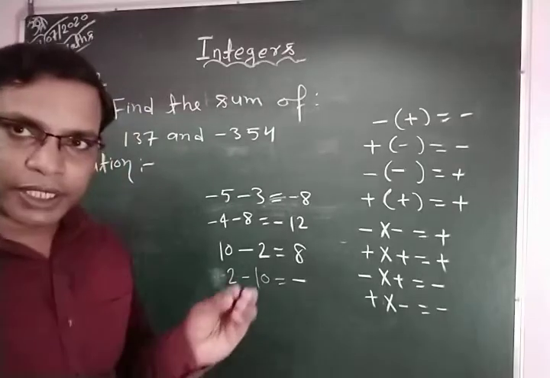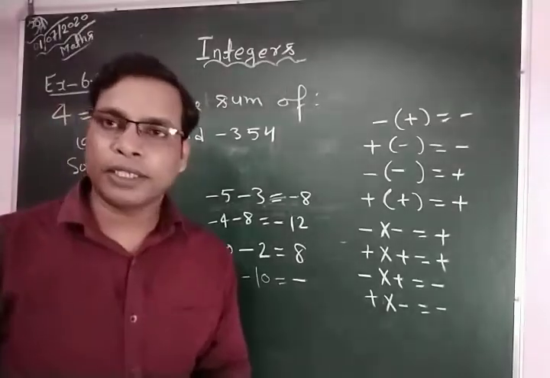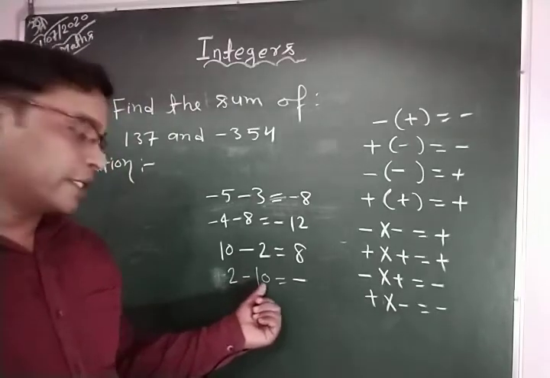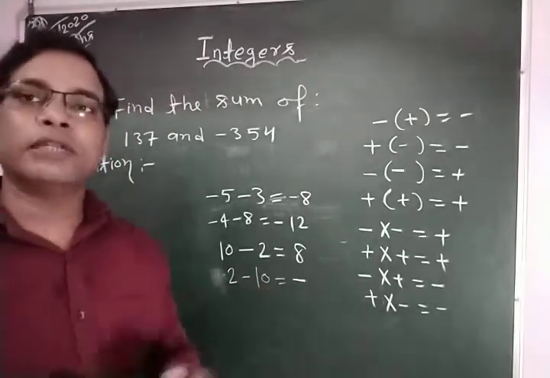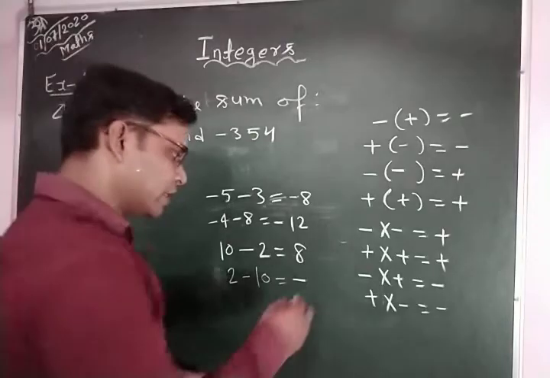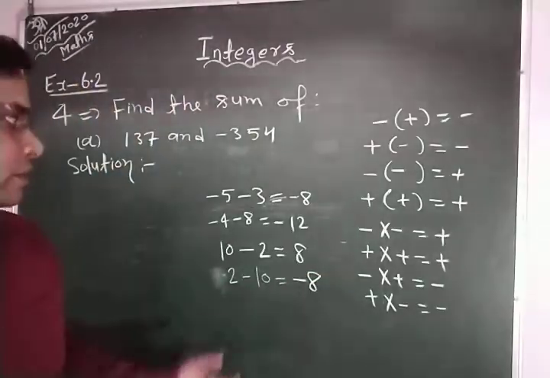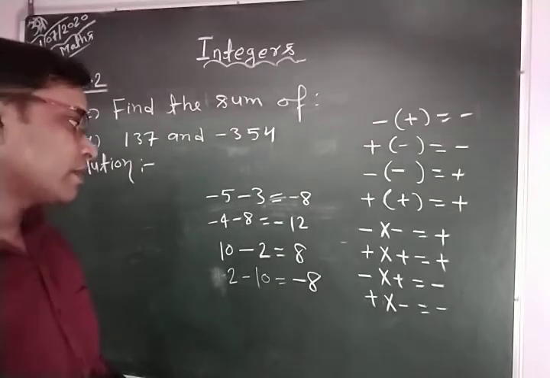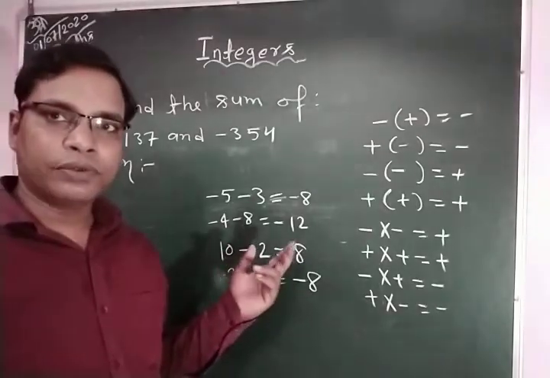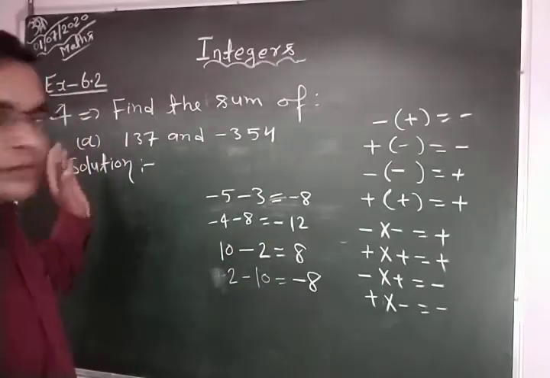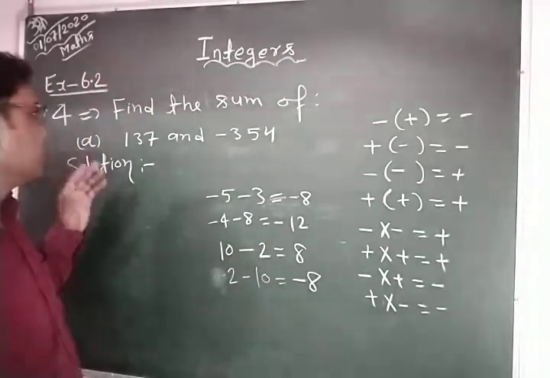So 10 minus 2 is 8, and you write minus 8. These are some examples of addition of two integers.